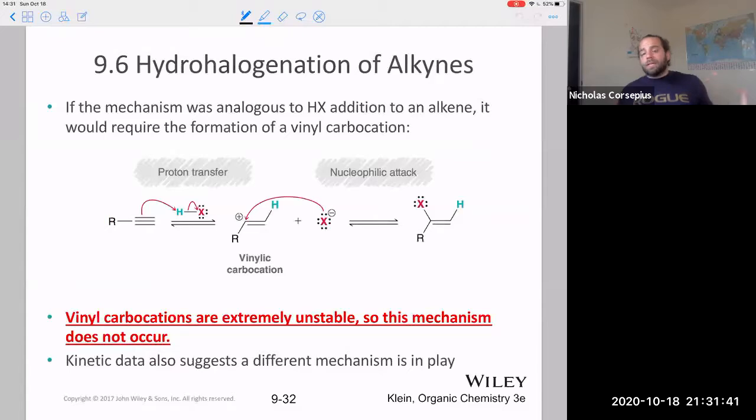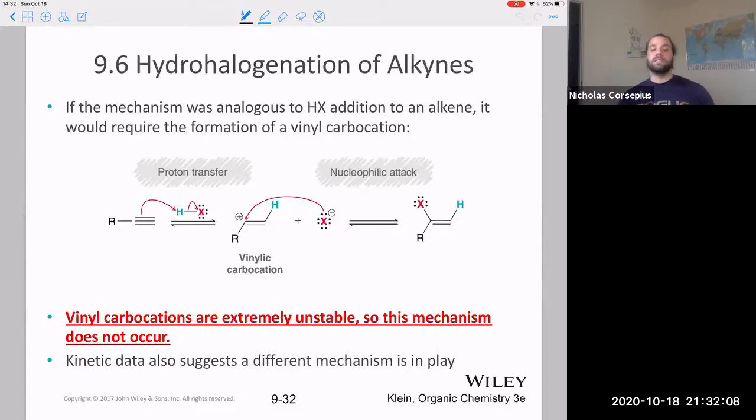So let's talk about mechanism here. Talking about alkenes, our hydrohalogens are strong acids, right? Hydrobromic acid, hydrochloric acid, they're all strong acids. So the first step was this proton transfer, which created a carbocation, and then nucleophilic attack on that carbocation, right? It was this 2-step process.